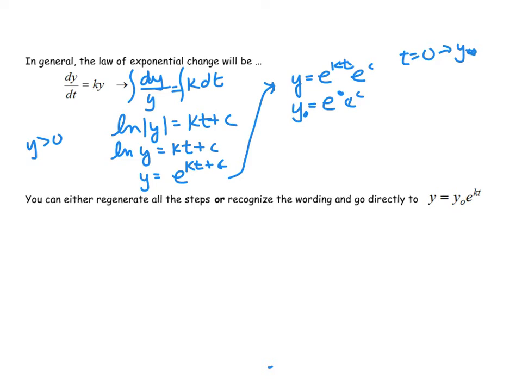And so e to the 0 is 1, so y sub 0 equals e to the c. In other words, my initial amount is e to the c, and so I rewrite the equation as y equals y sub 0 e to the kt, and that is how we basically can do it generically for any law of exponential change, what that equation is.